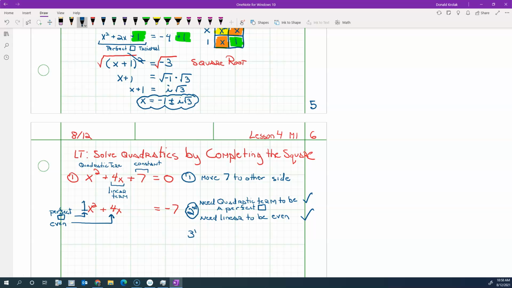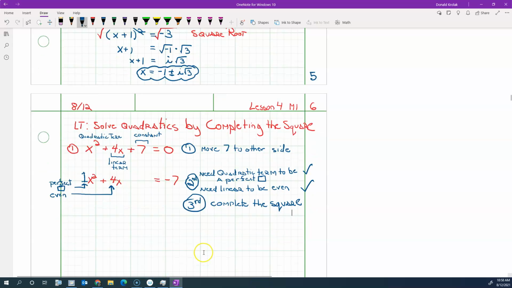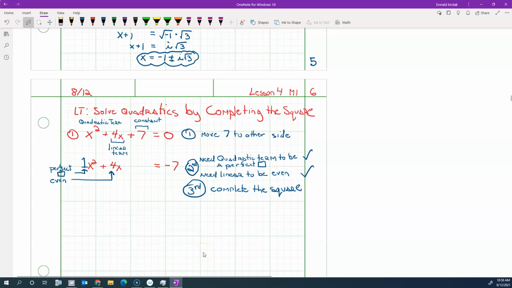And now third, complete the square. Now all we got to do is draw our little square and come up with your numbers.